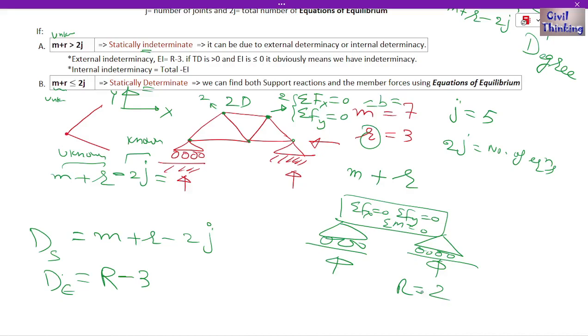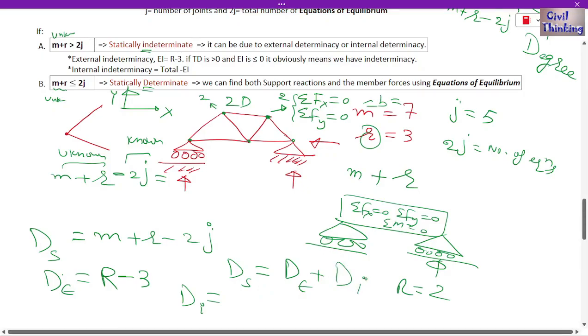So r is the total number of external unknown reactions, minus 3 is the number of static equations of equilibrium. So r minus 3 will give us the degree of external indeterminacy. Now to find the degree of internal indeterminacy, basically Ds is total. So total static indeterminacy is external indeterminacy plus internal indeterminacy.